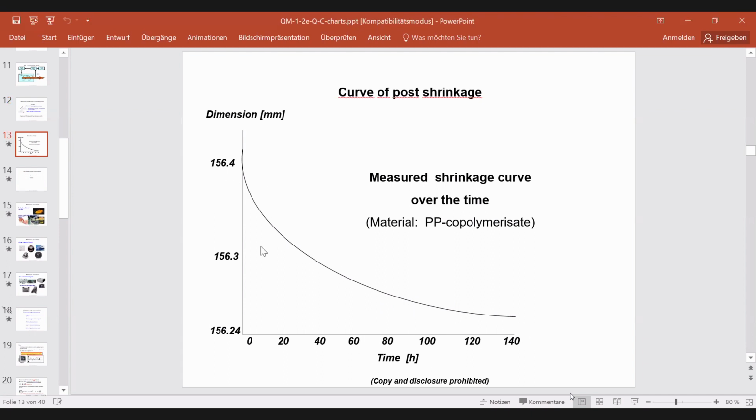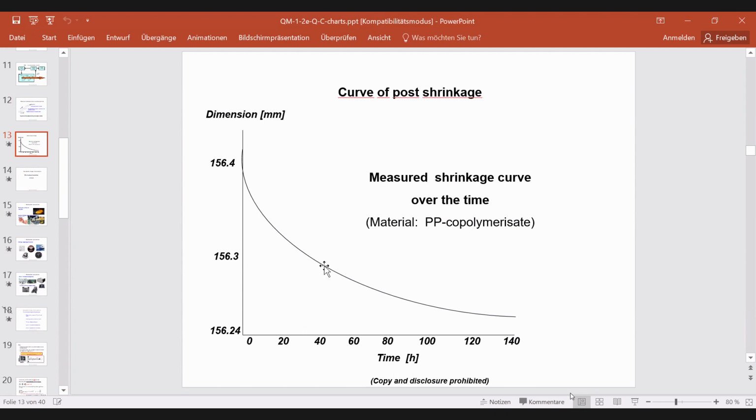And here it's very important that you measure the parts every time exactly after the same time after production. So let's say 2 hours after production, but not today 2 hours after production, and then we have the weekend, and the next time you measure after 30 hours or 40 hours.